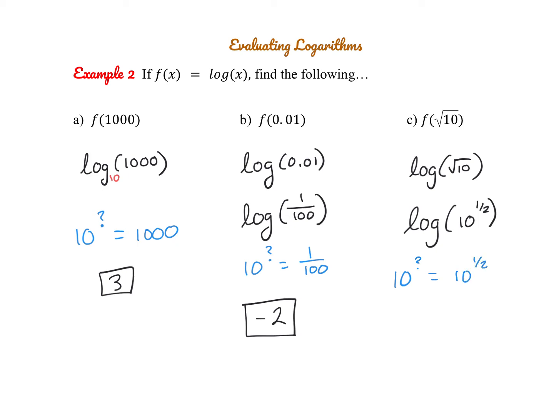Well, it must be 1/2. So our exponent is 1/2. Remember, anytime you see a radical, or if you notice that the value is the square root of your base or the cube root of your base, your exponent should be a rational exponent, so it will be a fraction.